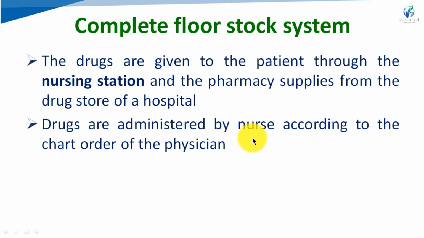Drugs are administered by the nurse according to the chart order of the physician. मतलब physician जैसा बोलेंगे उसके मुताबिक यहाँ पे nurse है, they will administer drug directly to the patient.